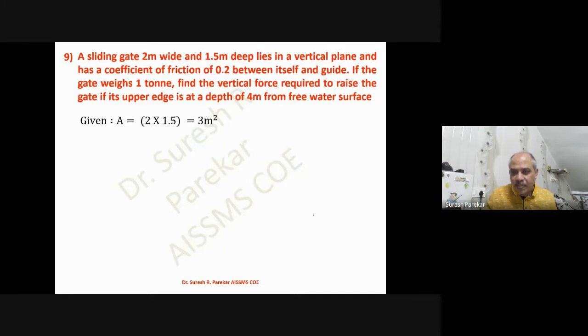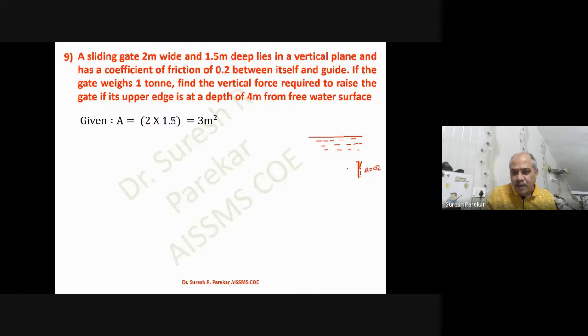If we have this as the water level, then we have this gate that is 2 meter wide and 1.5 meter deep. And then we have the coefficient of friction, mu, given as 0.2.